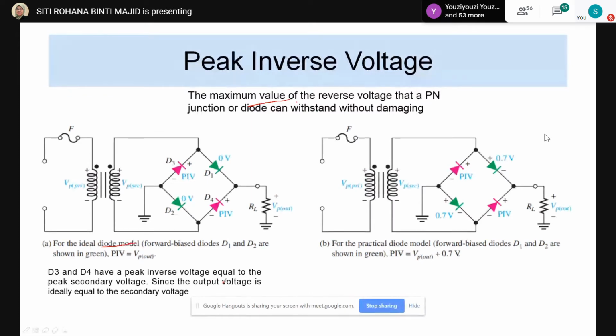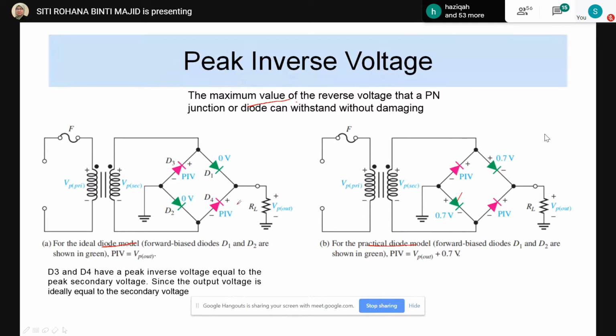For the second part, in this diagram we are using a practical diode. When we say practical diode, that means we need to consider the type of semiconductor used during the fabrication of this kind of diode. In this case, we know that the diode is made from silicon, which has a potential barrier of 0.7 volt.